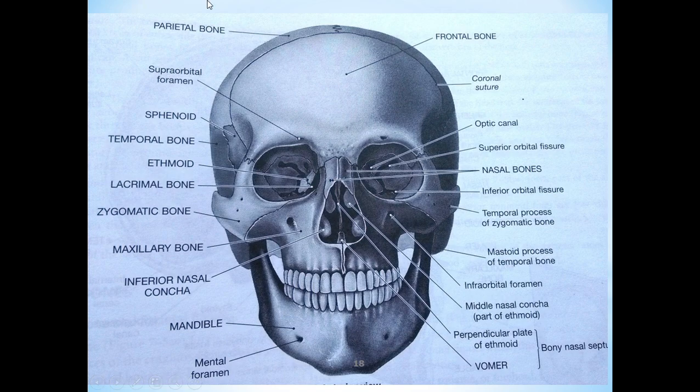And the uppermost part of your head is the parietal bone. If you see those holes, these are all called foramen. In this part, you have your mental foramen, and up here, this is what we call your supraorbital foramen.